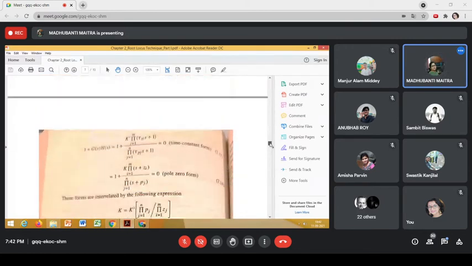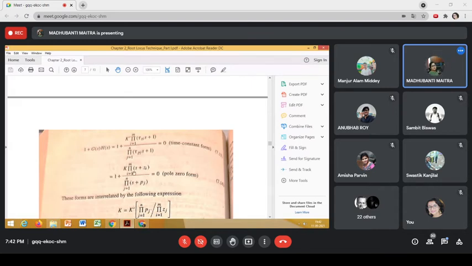Going back to this equation, it's clear from this expression that the number of open loop zeros is equal to m. The zi's are the locations of the open loop zeros, and i varies from 1 to m.